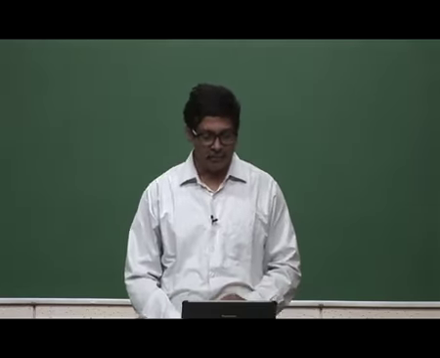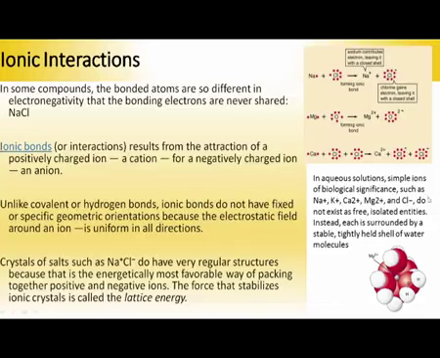One classic example is NaCl, you can see here. So, chlorine, which has 7 electrons, is negatively charged, whereas sodium, which has 1 electron, is positively charged. So, what it does is it just goes closer to the chlorine, and then it takes electrons, and then they form what is called sodium chloride.